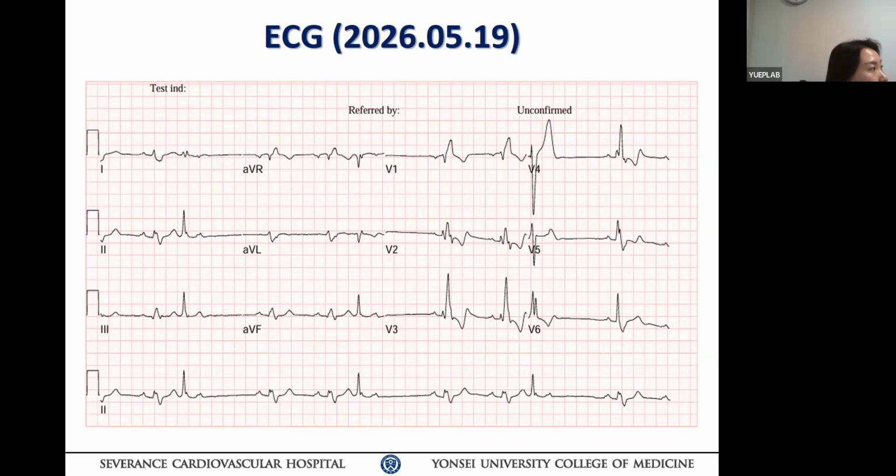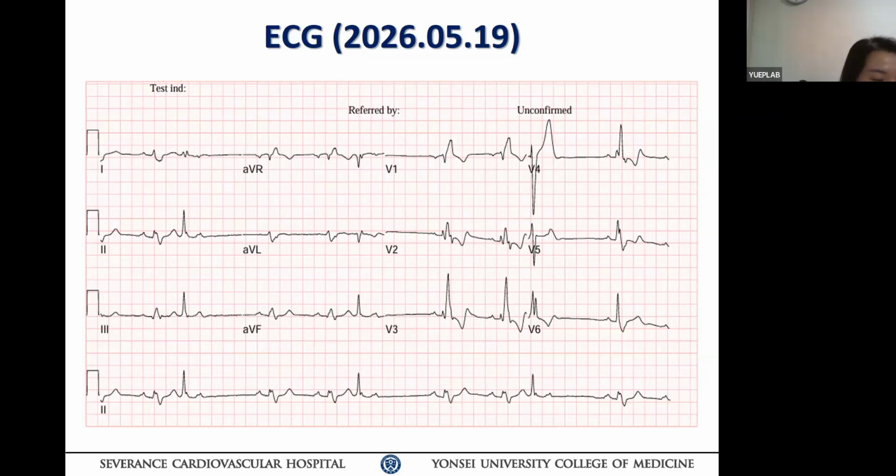Okay, copy. Why is the PVC-like beat narrower than baseline? I was afraid of that question. You know that I always ask you why. I'm not sure if it could be related to pacing.